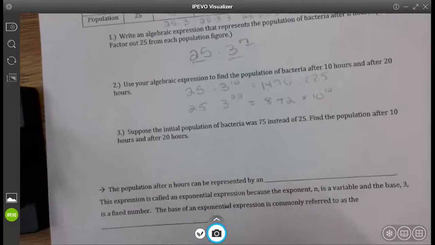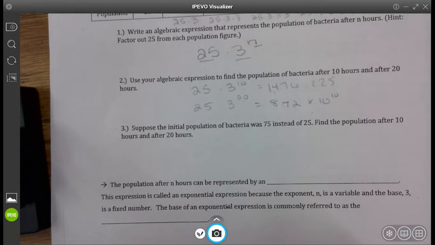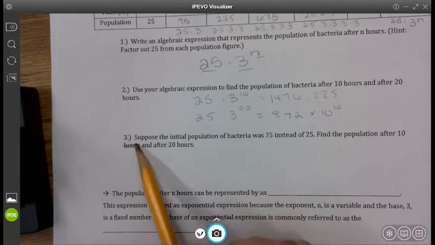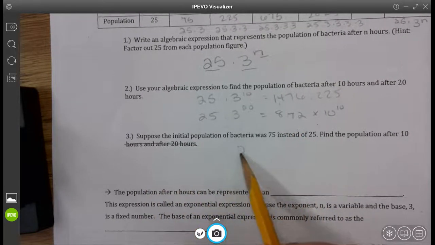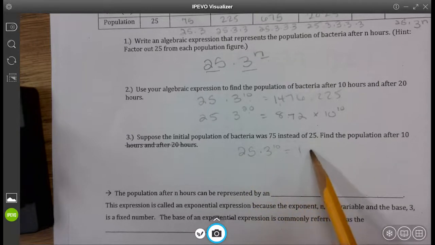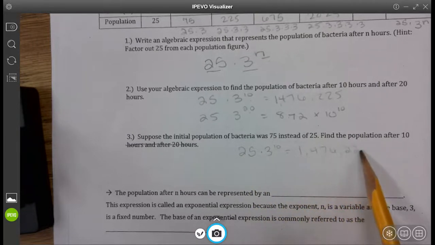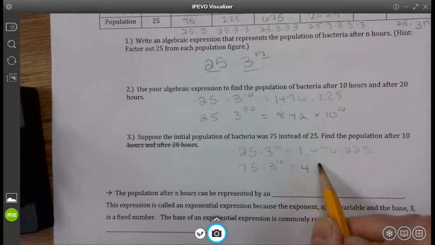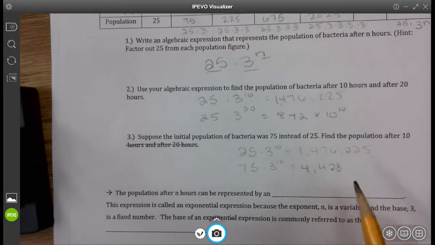It says, suppose the initial population of bacteria was 75 instead of 25. We're just going to do 10 hours. So if it was 25 times 3 to the 10th, we know that is 1,476,225. But if we started out with 75, what difference would it make then? 4,428,675.